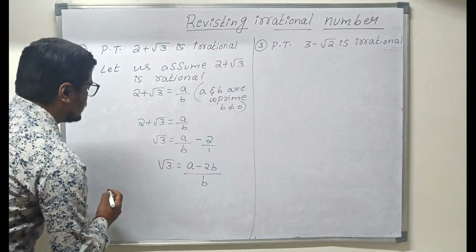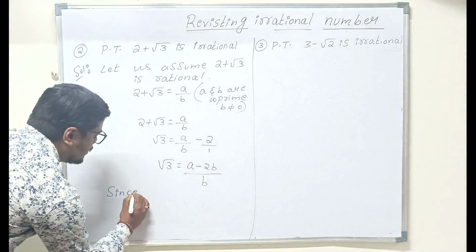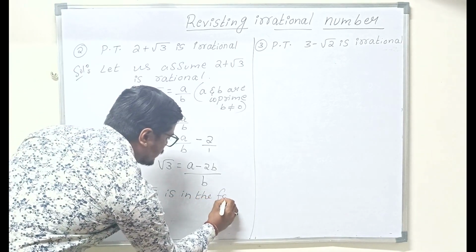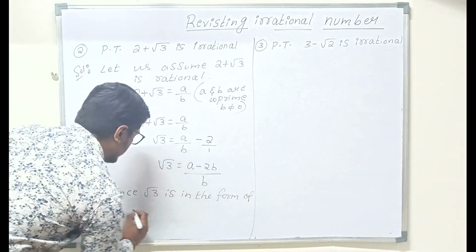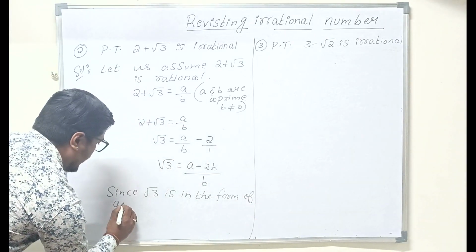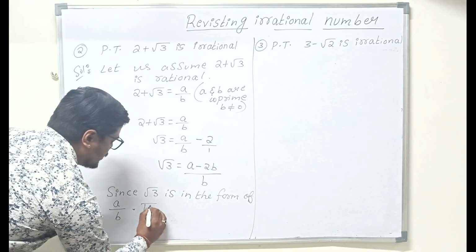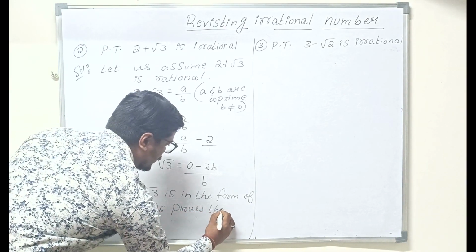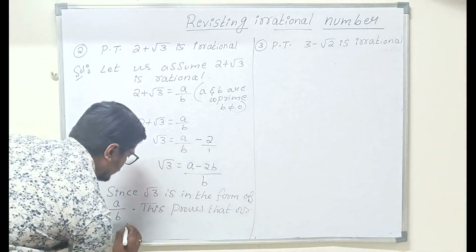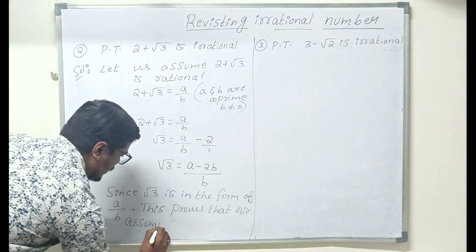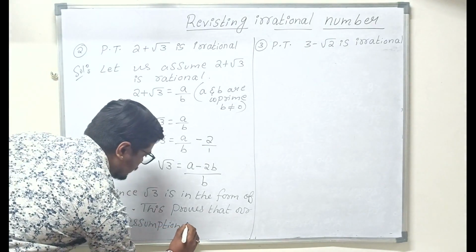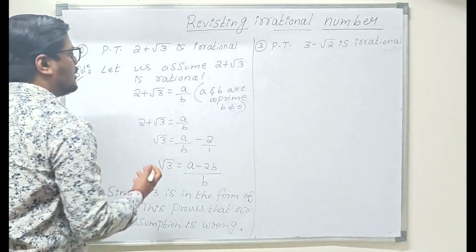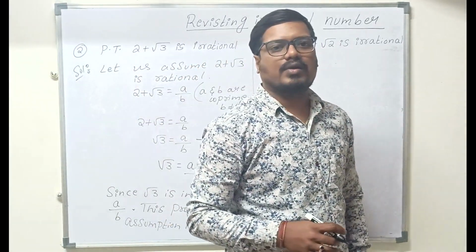Now we can write: since root 3 is in the form of a by b, this proves that our assumption is wrong. By contradiction, we can say that 2 plus root 3 is irrational.